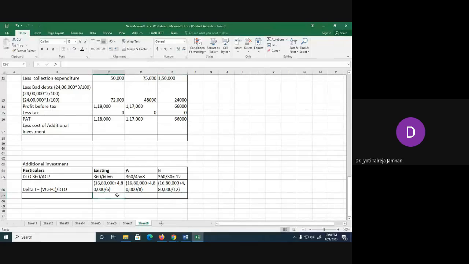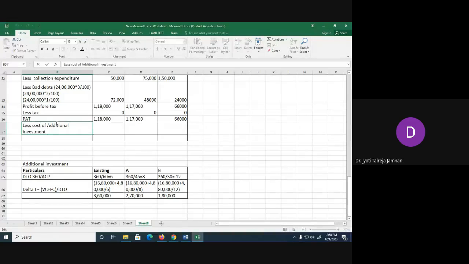So you get additional investment as 3,60,000, 2,70,000 and 1,80,000. So this is the additional investment.